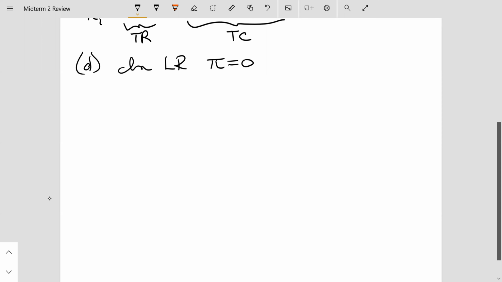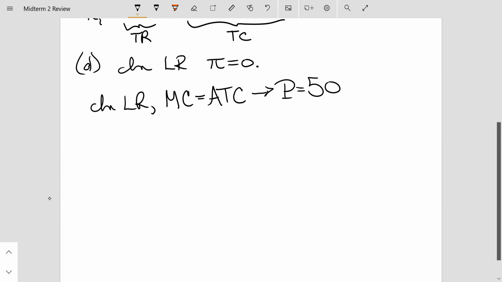And this means that no firm is doing better than any other firm in the perfectly competitive market. So remember, in the long run, marginal cost is equal to average total cost, because there are no fixed costs. And we get from an earlier calculation that price in this market is going to be 50.